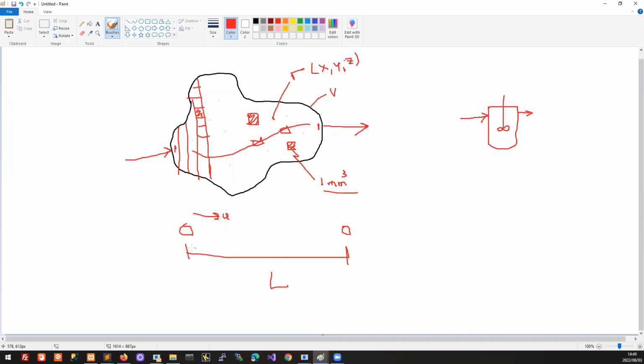And we could say that slightly differently: it's the time the ball spent inside of this interval. So here, t equals L over u.